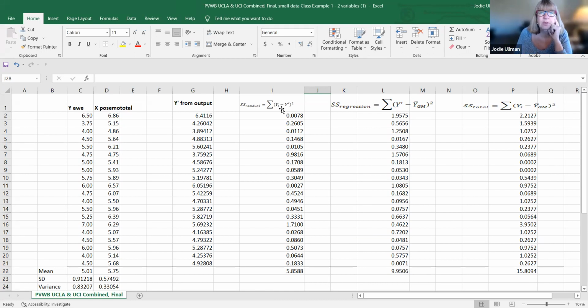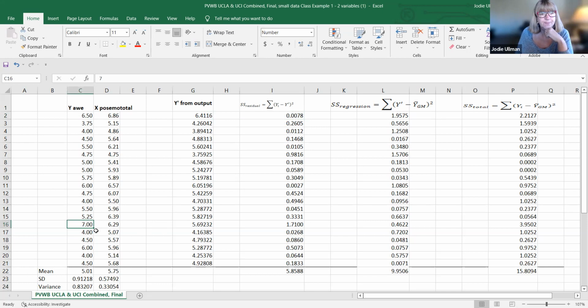So same thing. We're going to say person score, here we've got awe, minus their predicted score. So we did pretty darn well with this first person, right? Their actual score was 6.5. We predicted they'd have 6.4. We were geniuses. So we have that difference squared at 0.007. So we were excellent. But take a look at this person here. Their actual score was 7.